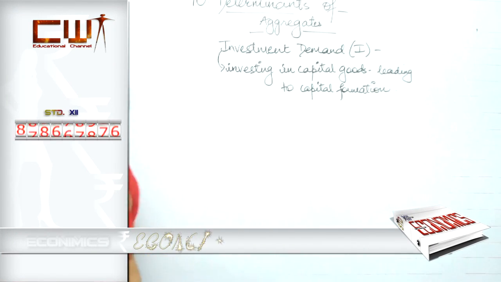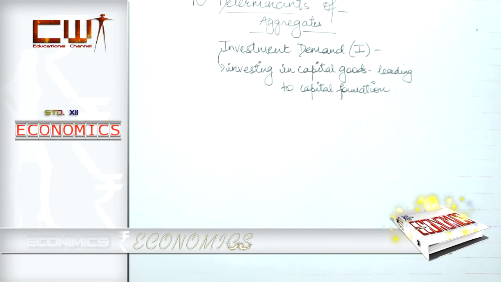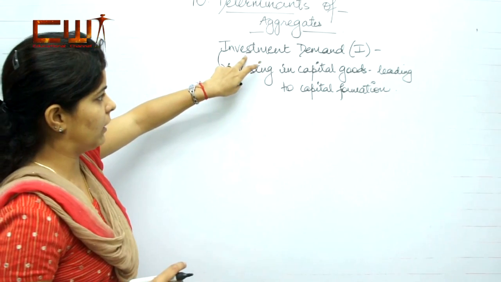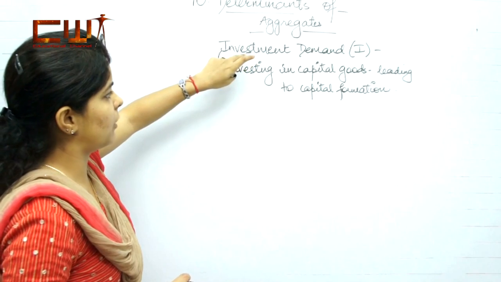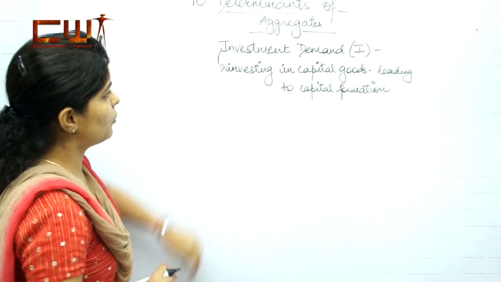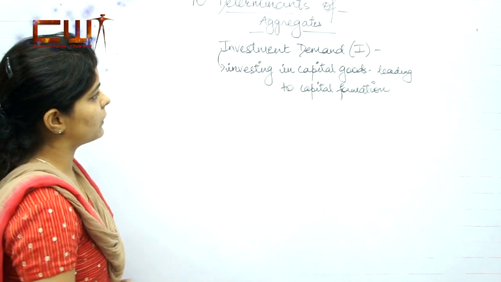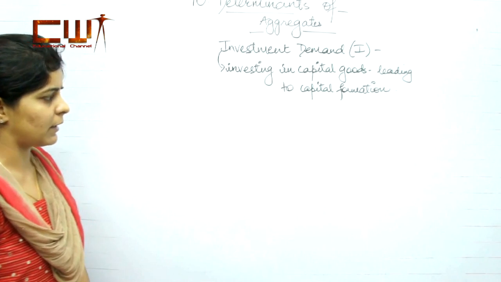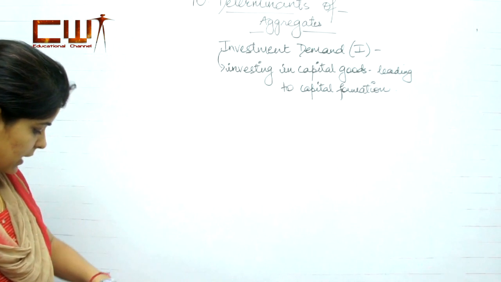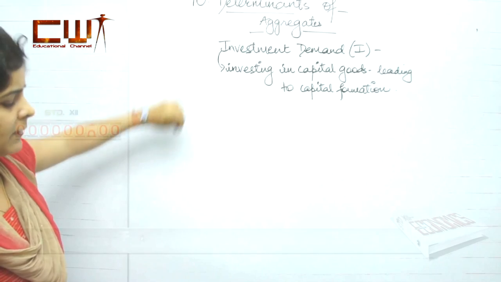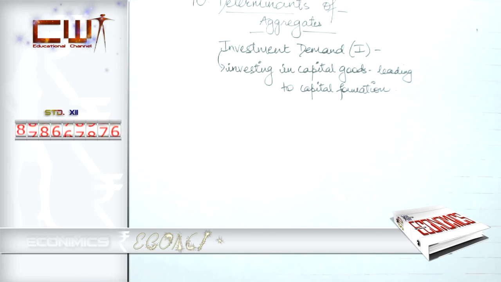When you are investing money in the capital goods for further production, you are not consuming it directly, but you are using that money to suffice the further demand, right? That is known as investment demand. So investment expenditure, you have several types. You have gross and net, autonomous and induced, and you have financial and real.